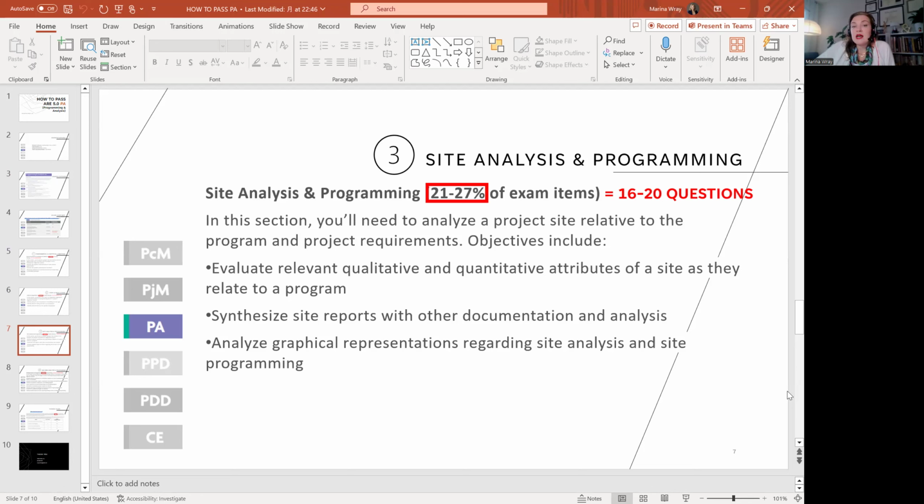You need to synthesize site reports with other documentation and analysis. So what that means, do your soil report, send the structural engineer to the site just to evaluate, but that's actually, sorry, that's the building analysis. This is the site.